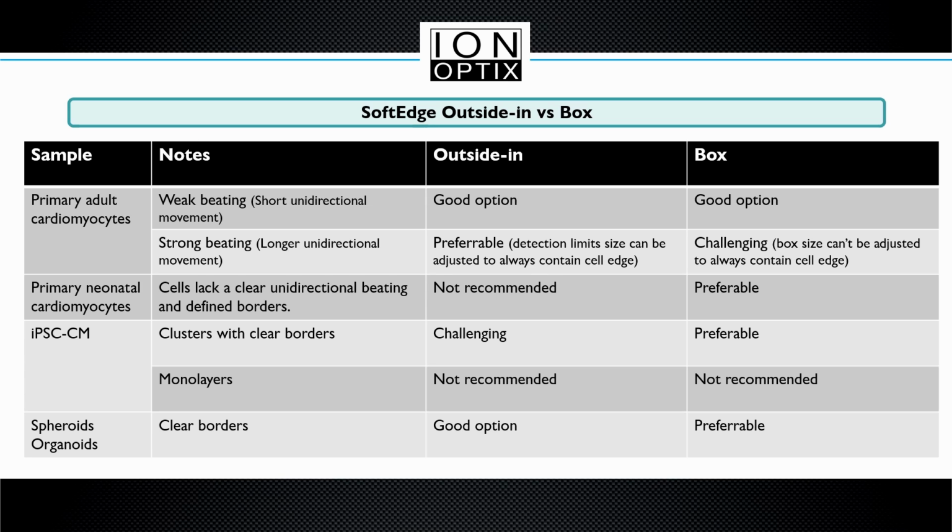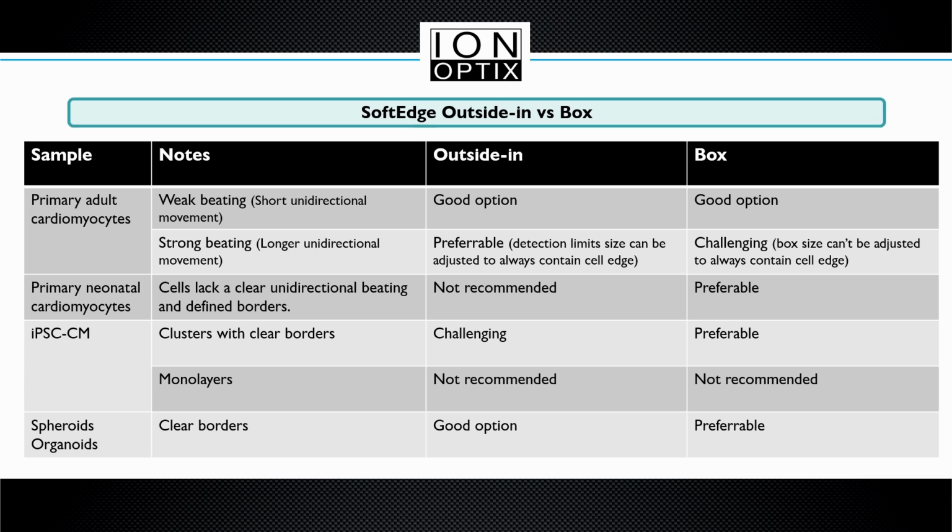If you're working with primary neonatal cardiomyocytes, which often lack clear unidirectional beating and well-defined borders, we do not recommend the outside-in option, and using box option would be more straightforward. When working with iPSC cardiomyocyte clusters with well-defined borders, the box option is preferable due to line averaging and auto-scaling to remove any inconsistency in edge detection.